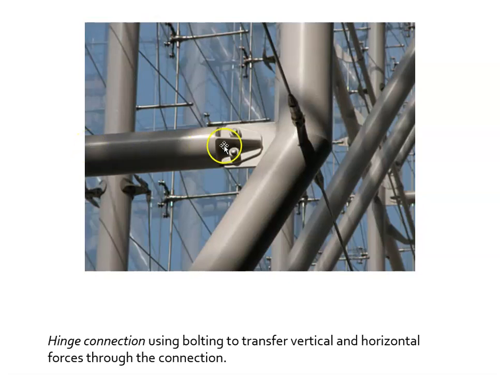I'm not sure. Or it could be some sort of lateral stability as well. I'm not sure exactly what it's doing, but whatever direction the flow of forces is traveling, it's going from this plate through those two bolts into this plate. Okay, so right there, a lot of energy is being transferred.